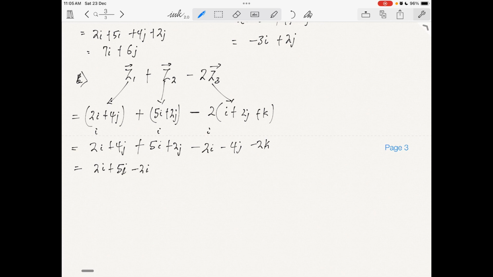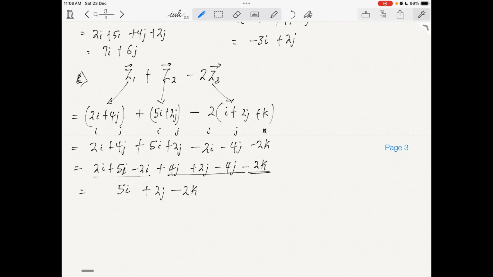And for the j components, this gives us plus 4j plus 2j minus 4j, and we have just one k component, which gives us minus 2k. So 2i plus 5i minus 2i will give us 5i. 4j plus 2j minus 4j gives 2j, and since we're left with just a k component, that will give us minus 2k.